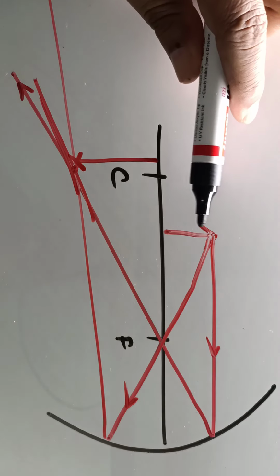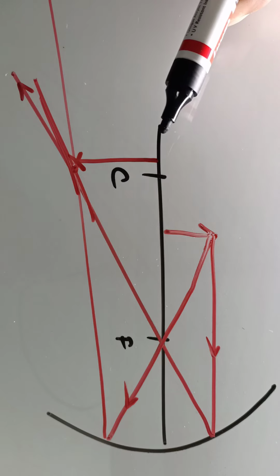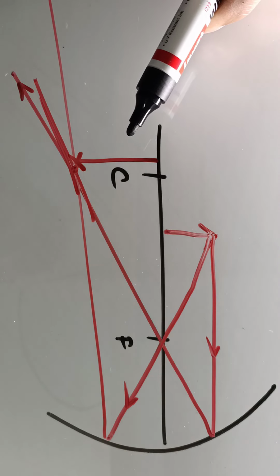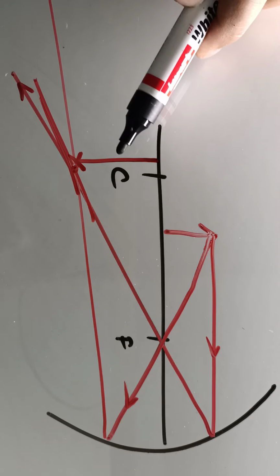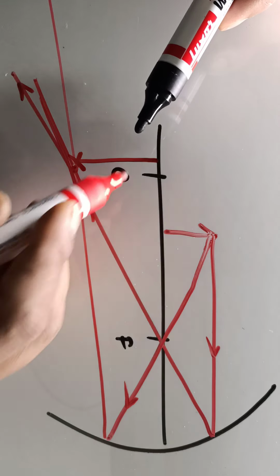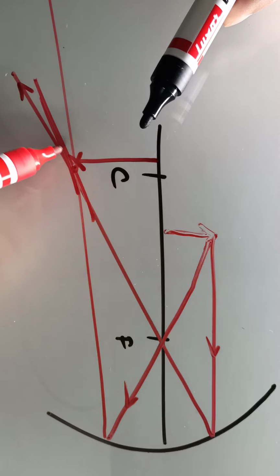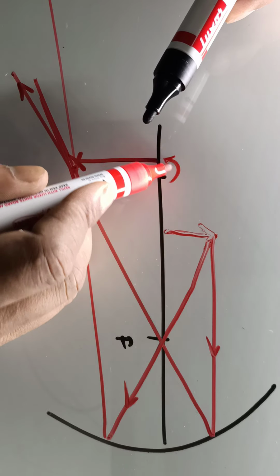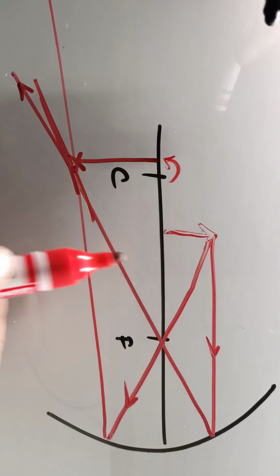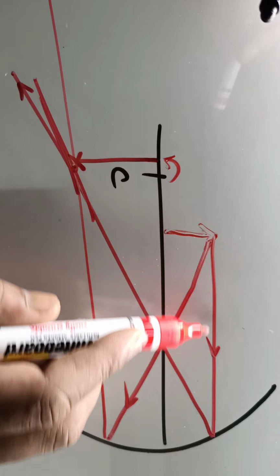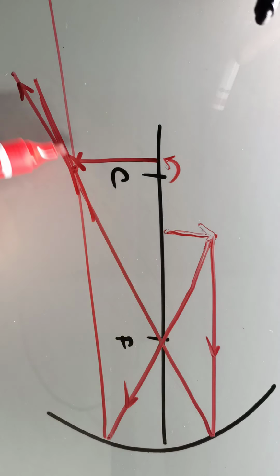if the object is kept between C and F, the image is formed where? The image is formed between C and F. Sorry, behind C. Once again, if the object is kept between C and F, the image is formed where? The image is formed behind C. So once again, a ray of light travels parallel to the principal axis, passes through the focus.